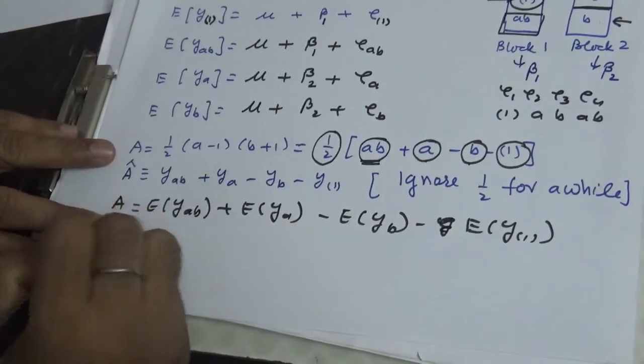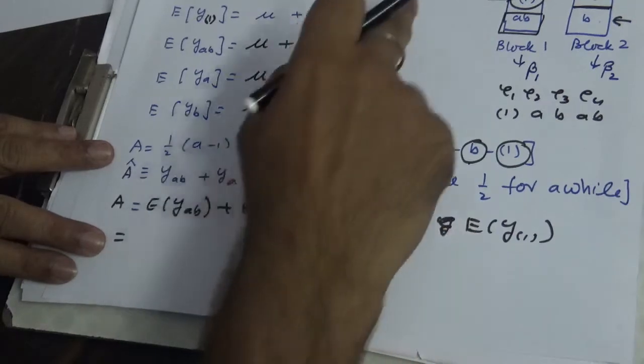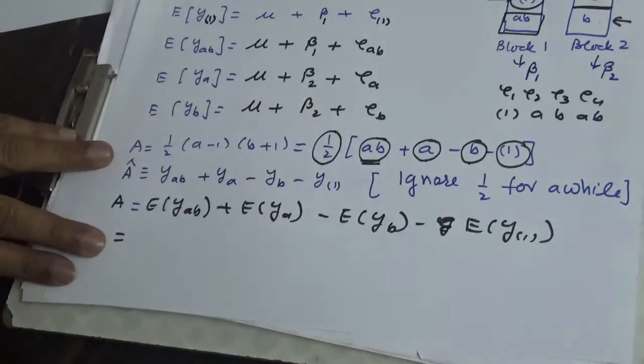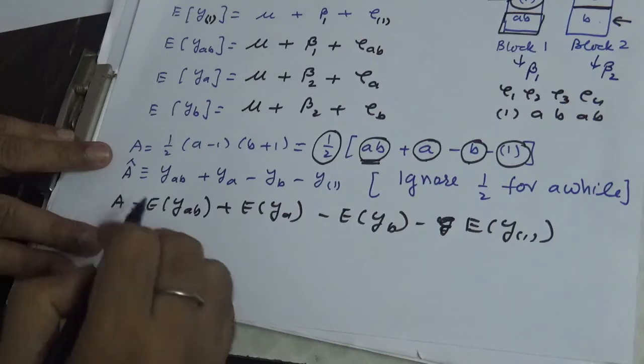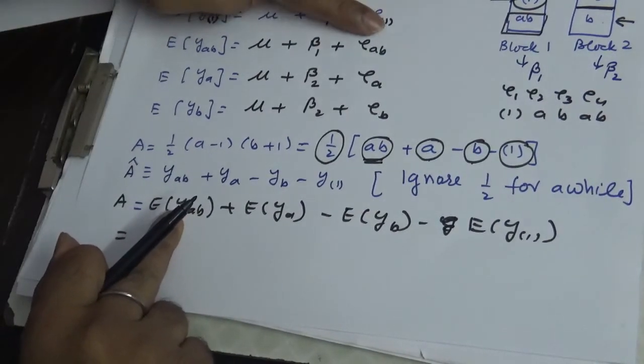So now if I try to write down this YAB, YA, YB, Y1 from these 4 equations, you can see here this YAB is given by this thing.